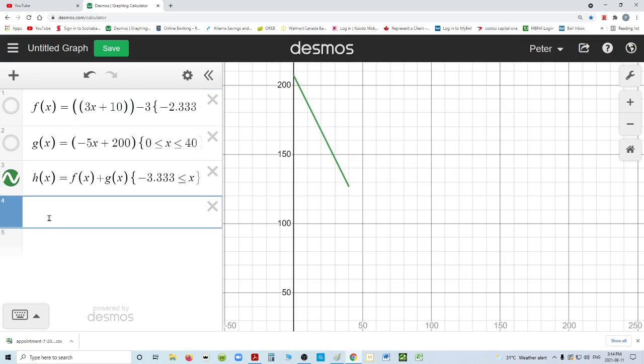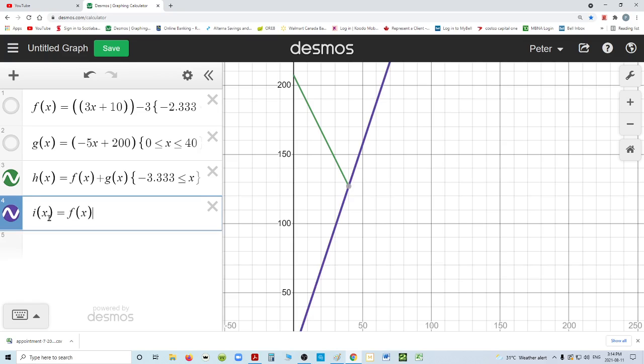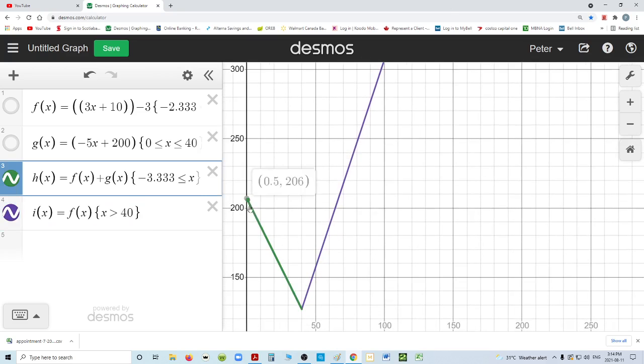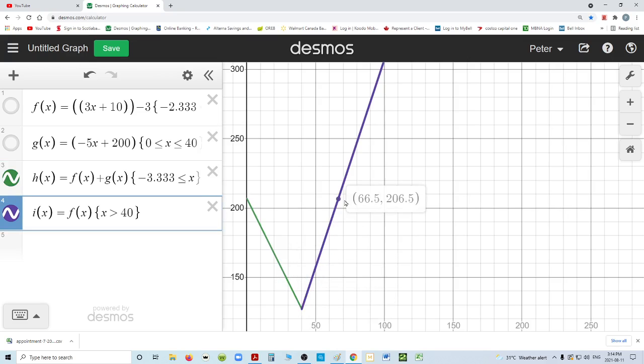So for a more accurate reflection, I would put the f of x line again, but in this one, just show x bigger than 40. That gives you a really good idea of the total number of drinks you sell, because here the hot drinks are dragging us down, and then boom, after we stop going in a negative version of hot drinks, we're up here and we're starting to boom on the cold drinks, based on temperature.